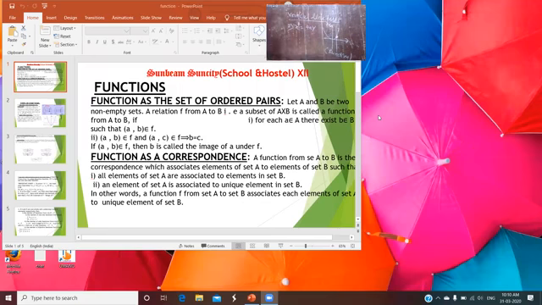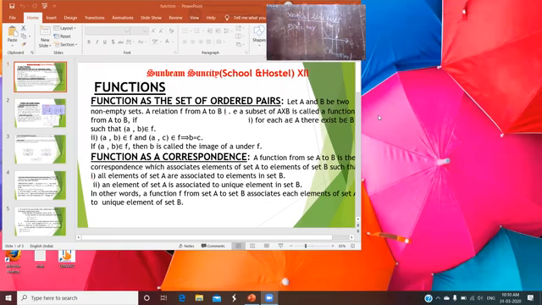Now the other method: x1 not equal to x2 implies f(x1) not equal to f(x2). That is the second method by which you can prove the function is one-one.